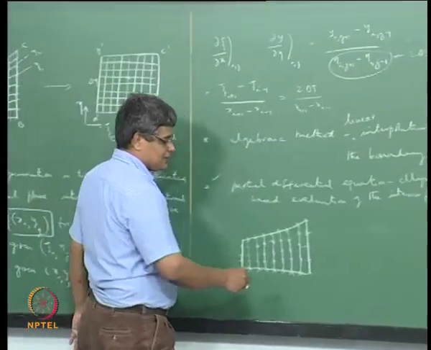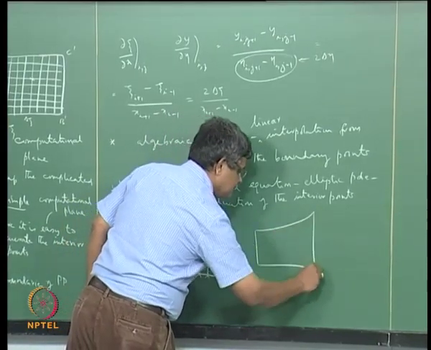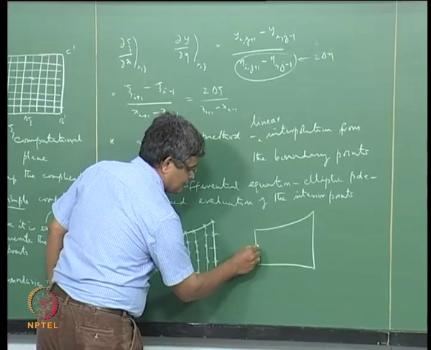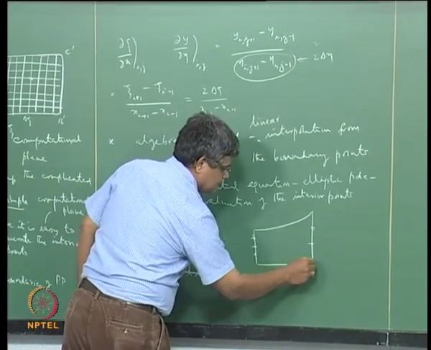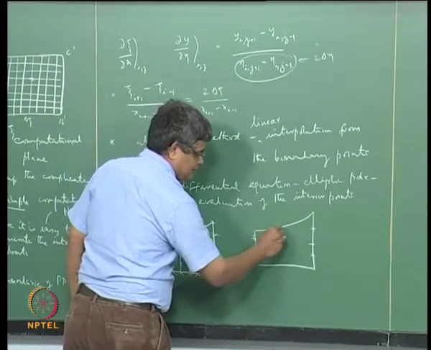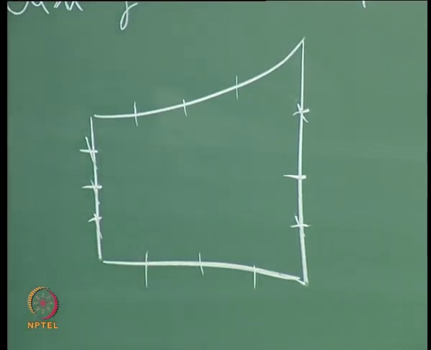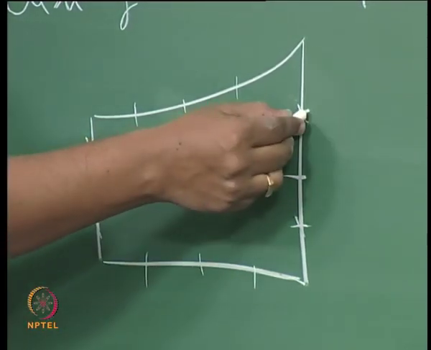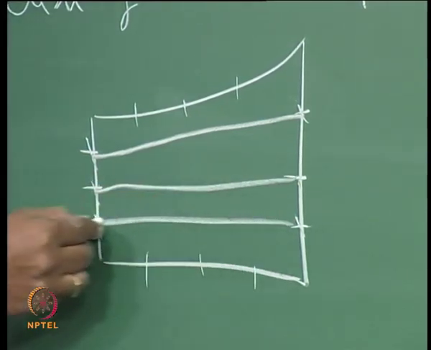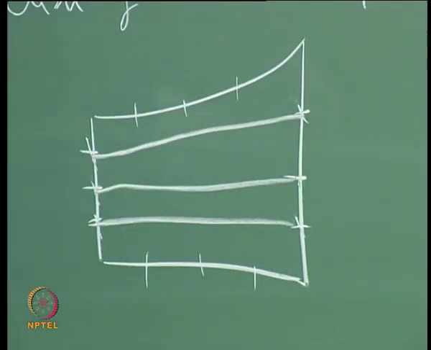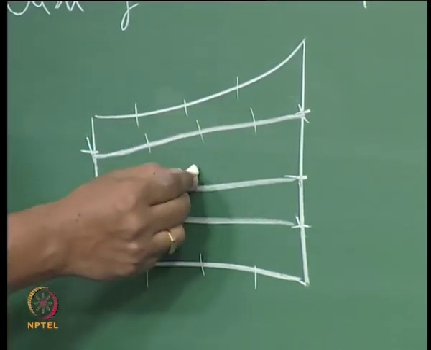We can also do the same thing by taking the other, and then we have the boundary points here. Let us say we have this much, we can join these two here, and each line segment here can also be broken up into equal number of segments.